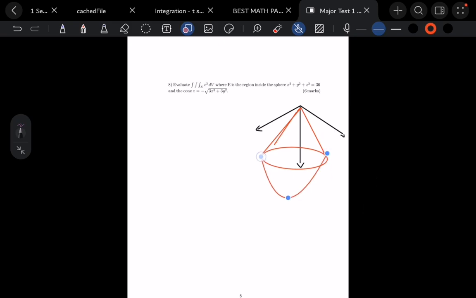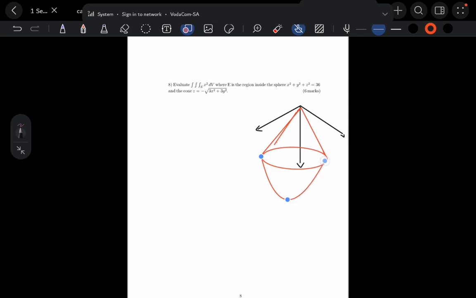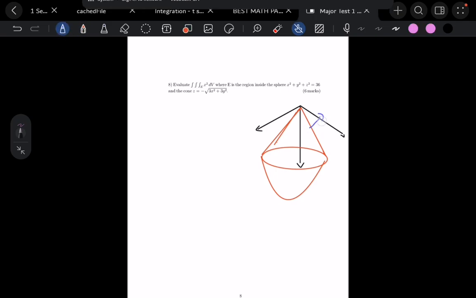So your cone will be something like that. So what do you need to understand? That this part here, it is your cone, and then this part here, it is a sphere. Because they are saying inside, we want this part here.